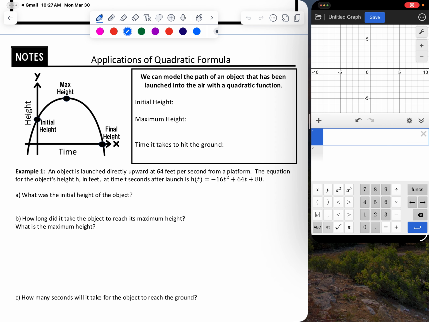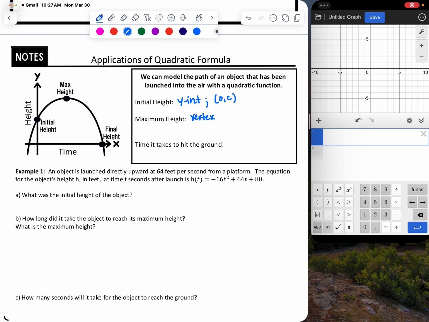So the initial height would be found at the y-intercept, or the point (0, c). The maximum height of the object will be found at the vertex of the parabola.